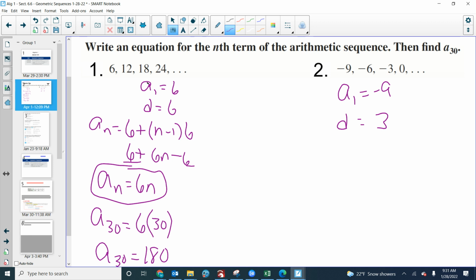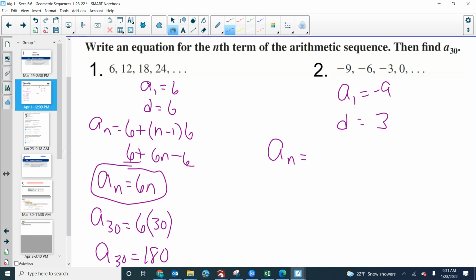So, Ethan, what am I going to plug in? A sub n equals what? I don't really know. Well, what's the first term? Oh, you weren't here yesterday. Evan, help him out.